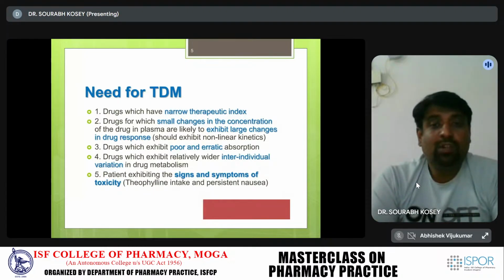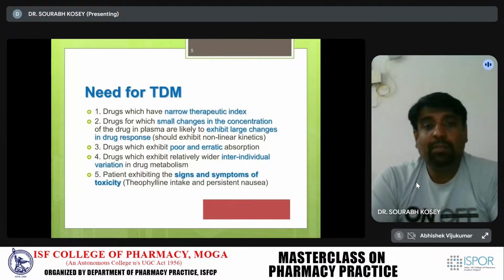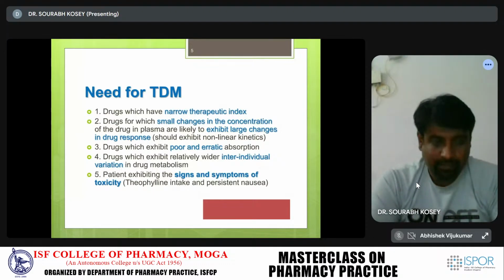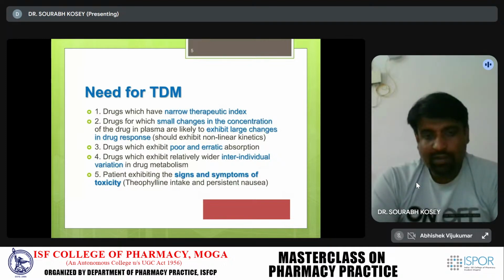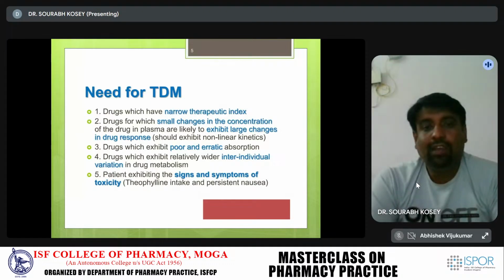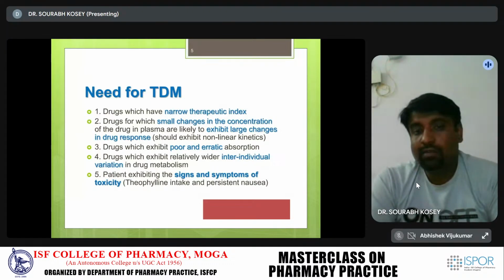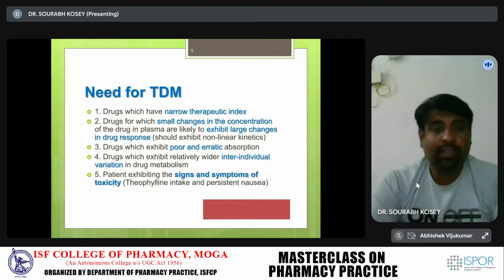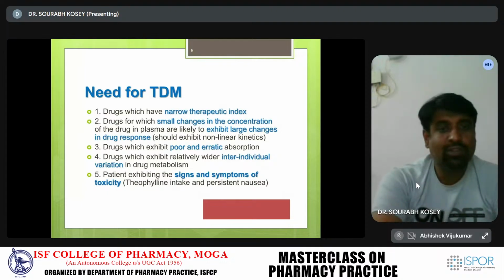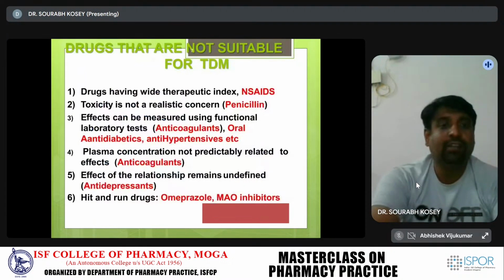Drugs for which small changes in the concentration of drug in plasma are likely to exhibit large changes in the drug response. It is just like non-linear kinetics, and the example is artemisinin and sulfur drug or anti-malarial drug, quinoline derivative. If we increase a little bit T half of artemisinin, we will come to know the prophylactic and the incubation period will be reduced of the deadliest disease malaria. So this is the explanation for the second point.